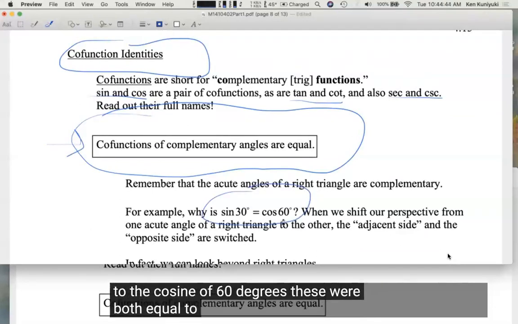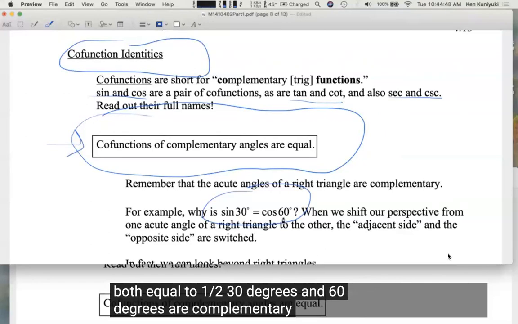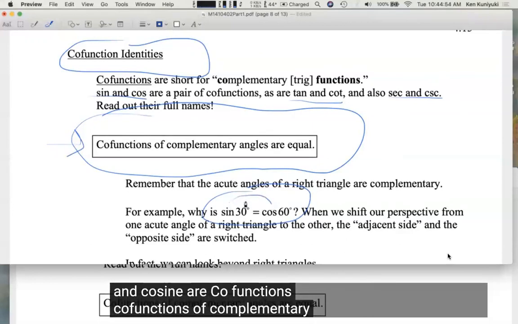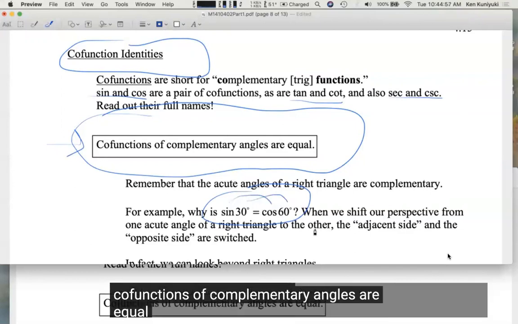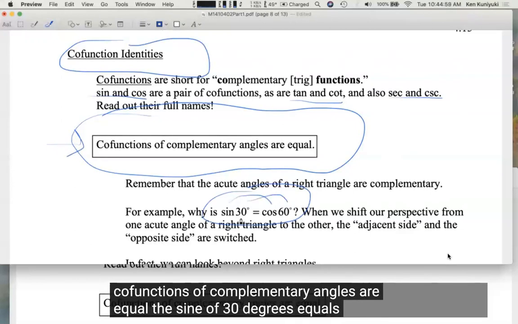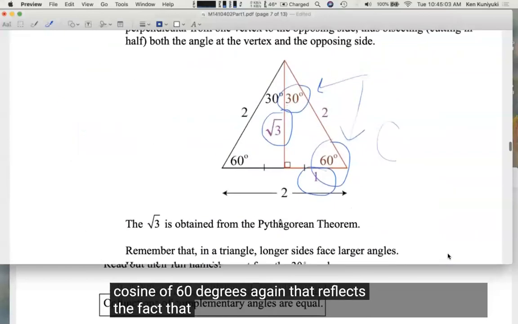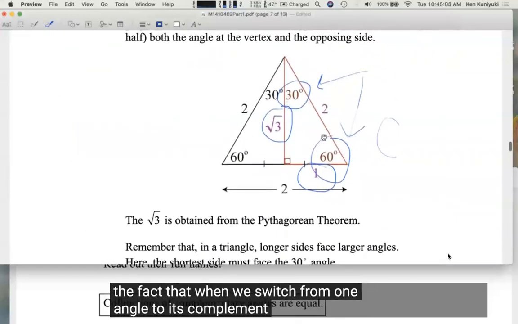These were both equal to 1/2. 30 degrees and 60 degrees are complementary angles. Sine and cosine are cofunctions. Cofunctions of complementary angles are equal. The sine of 30 degrees equals the cosine of 60 degrees. Again, that reflects the fact that when we switch from one angle to its complement, we're switching the adjacent and opposite sides.